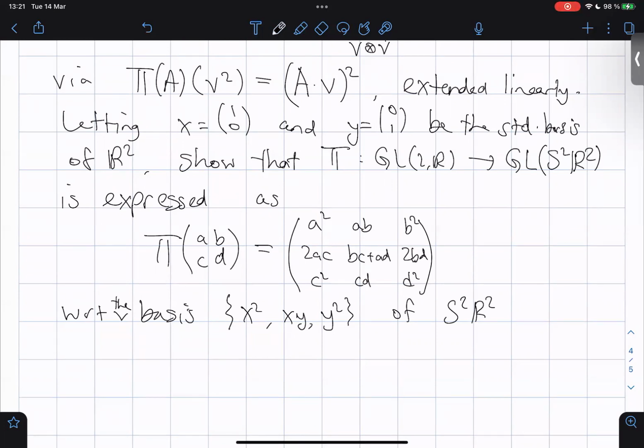This is an element of this group over here. So just run through the computation of inducing this representation from the standard representation.